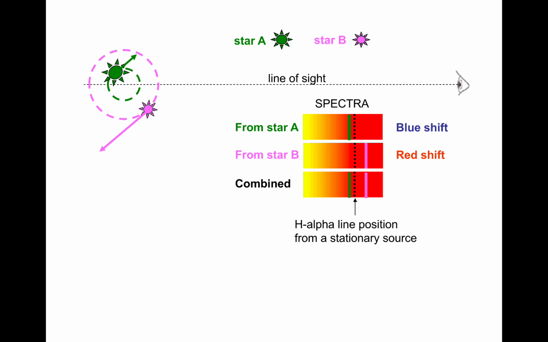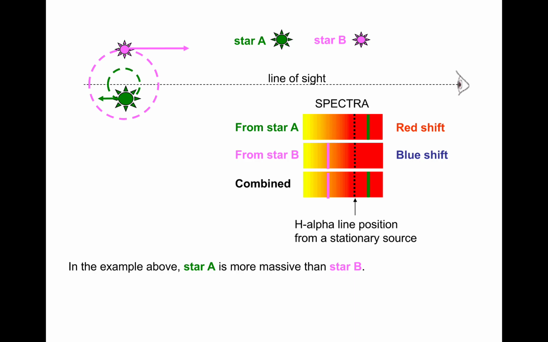Star B is now starting to move away, star A moving towards us, and that'll keep happening on repeat. In this example, star A is much more massive than star B, and this results in the orbital radius and speed of star A being less than star B.